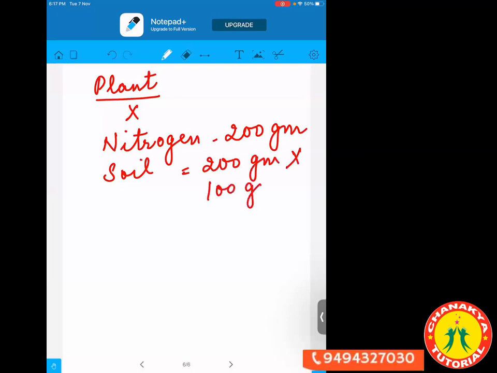Just 100 gram is there. In the soil there are only 100 grams, and the plant needs 200 gram of nitrogen. Now what happened?